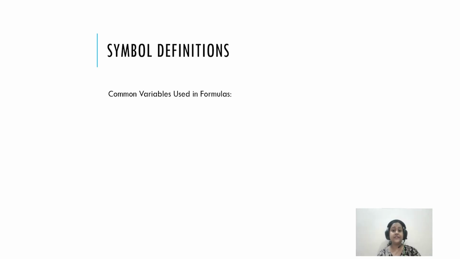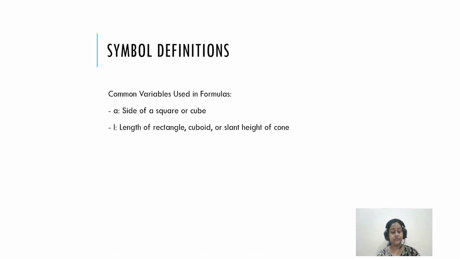Now we will first see the different variables and signs which may be used in defining the formulas of all these shapes. A small a represents the side of a square or cube. I will show you by drawing. Small l represents the length of a rectangle, cube, or cuboid.